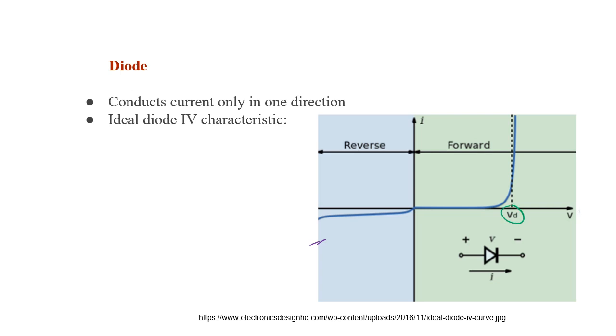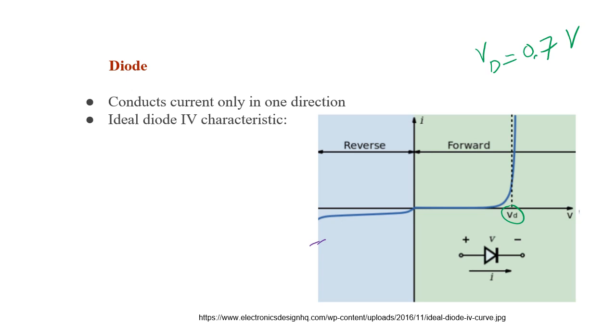Usually it's denoted by VD. Normally VD for a regular diode is approximately 0.7 volts. So once the voltage across the diode exceeds 0.7 volts, that is when it will start conducting currents.